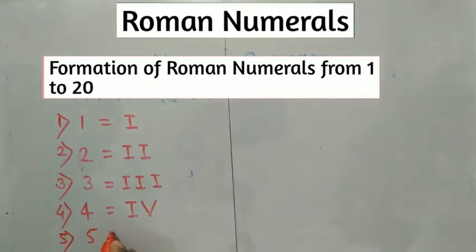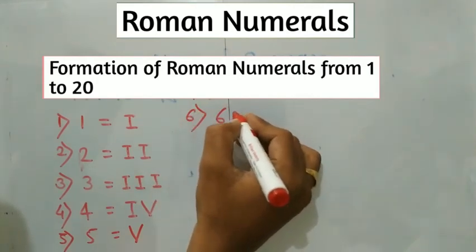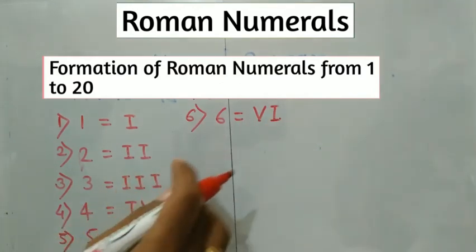If we want to write 5, then we will write it as it is, V. If we want to write 6, then we will write V and I to the right.